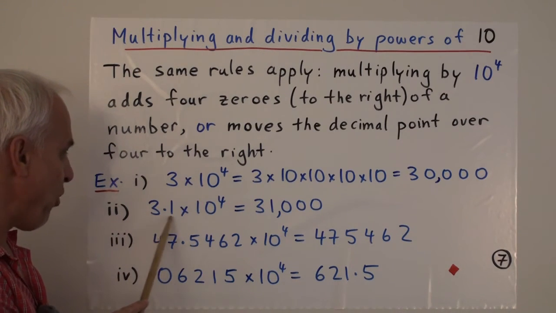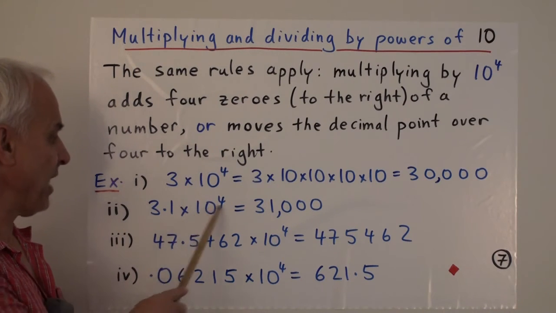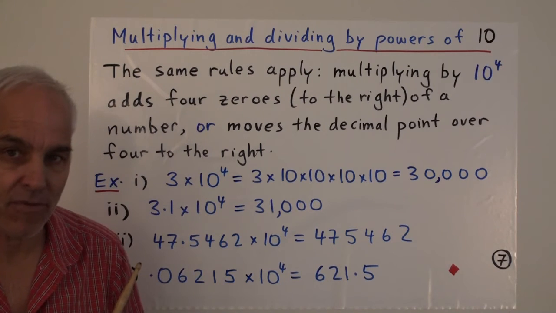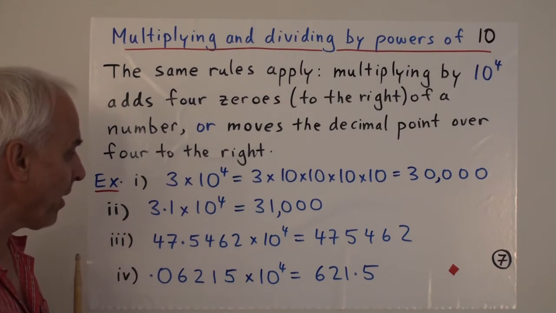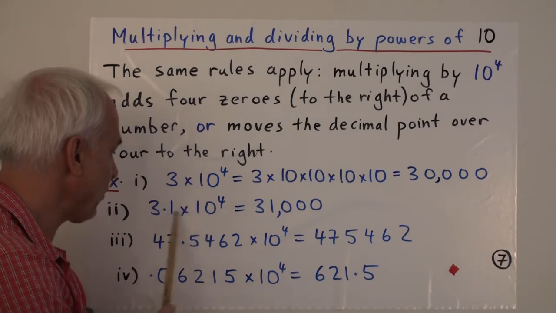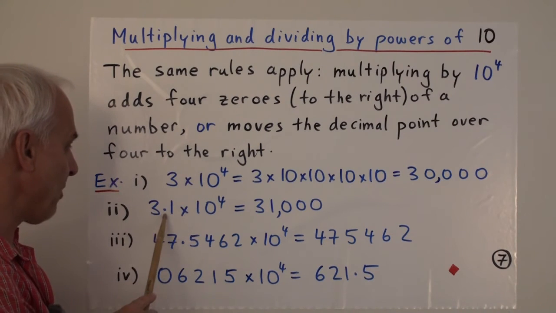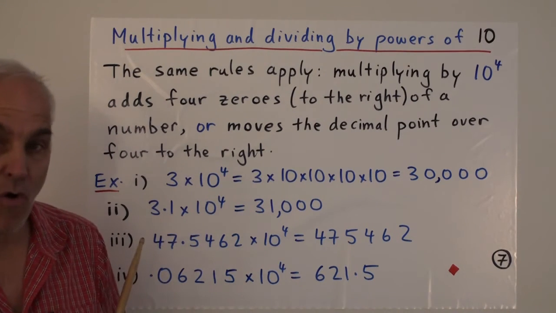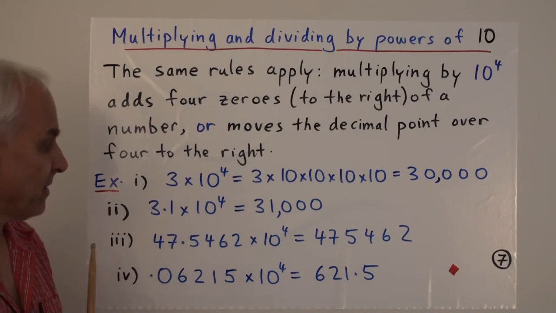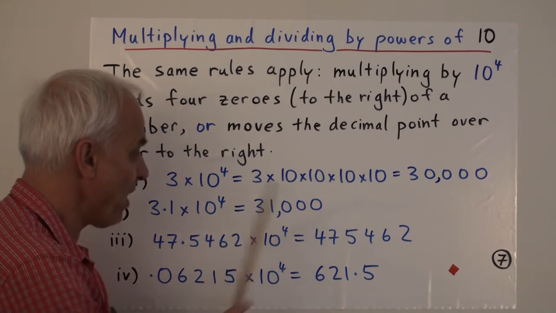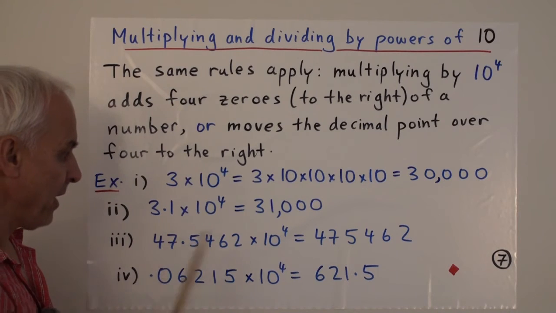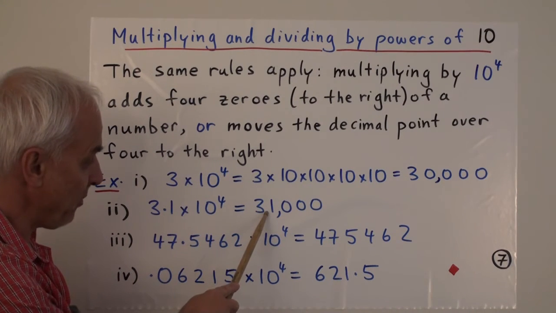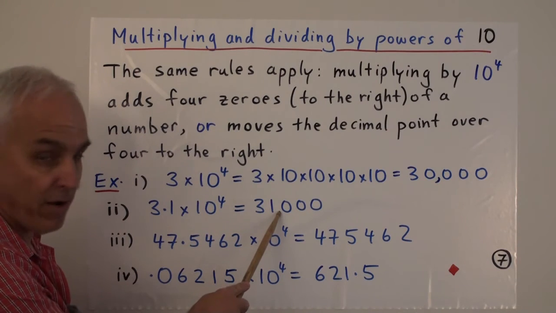Let's have a look at 3.1 times 10 to the 4. All right, 3.1 isn't that different from 3, just a little bit more. What's that going to be? Well, we have to multiply by 10 to the 4th. We have to move the decimal place over 4 places. We're going to get 31,000. And you can think of the decimal place as starting here. And then we move it over once to get 31.